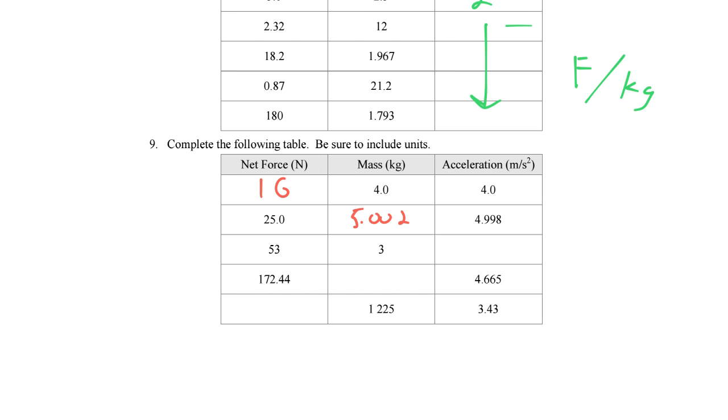Here again, we would have to divide 53 divided by 3 equals 17.67. Divide again here, 172.44 divided by 4.665 is 36.96 kilograms.